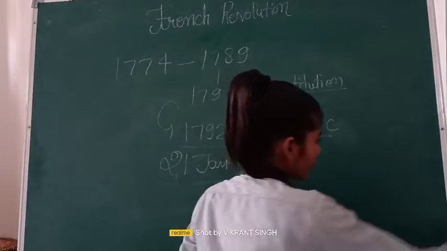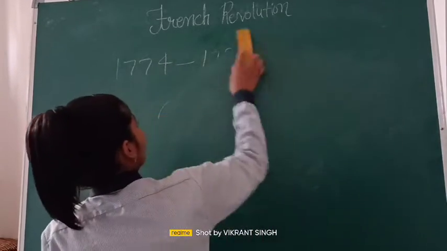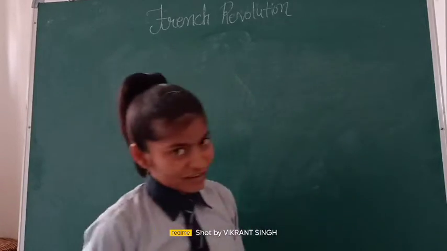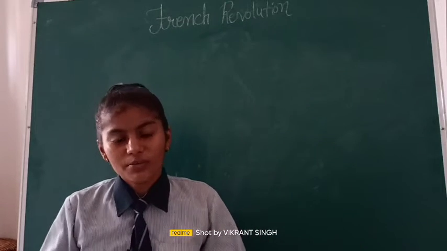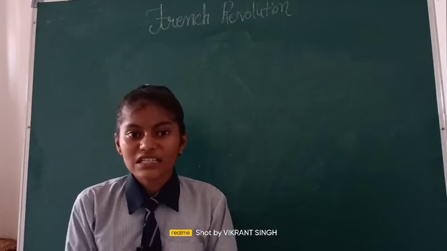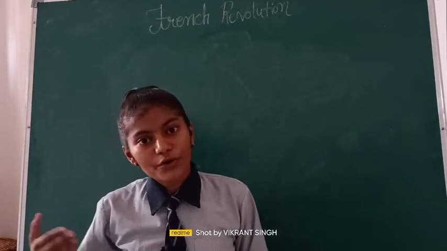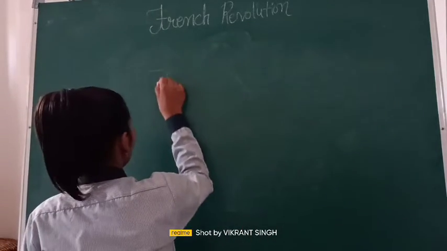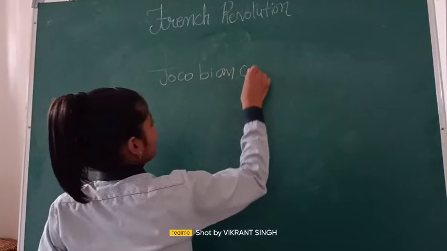Let's move further and talk about why Napoleon took entry here. Before Napoleon entered, the constitution also failed because there was no feature at all. There were just disadvantages to people. So people also protested the constitution, and then they led to the formation of the Jacobin Club.